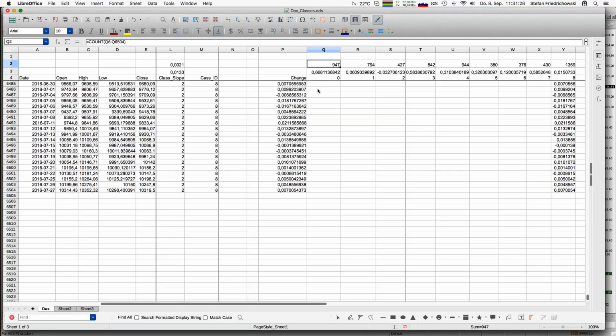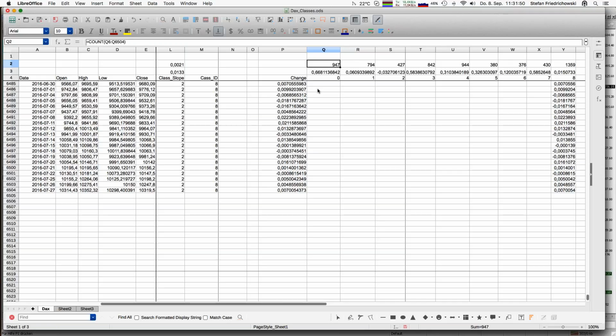If you rethink about how we have done the separation within one class, we did it in a way that every class has the same number of members, or the same number of values falling into exactly that class.